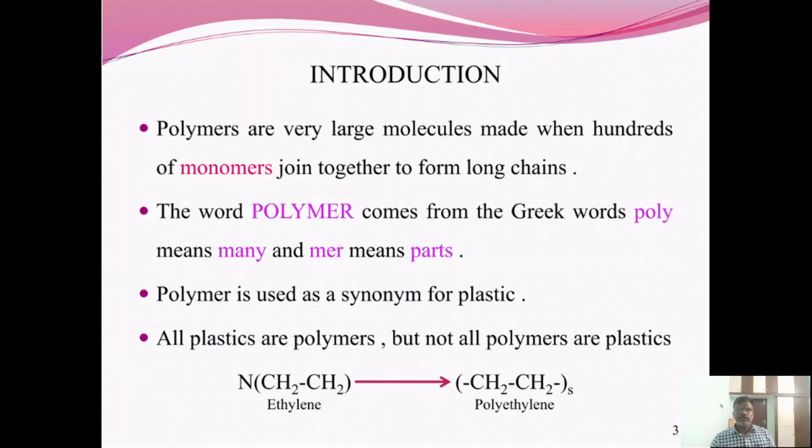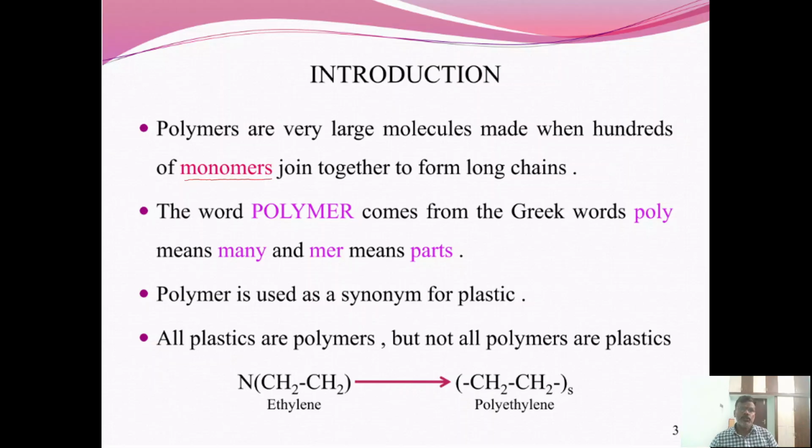and some introductions about the polymer. Polymers are very large molecules made when hundreds of monomers join together to form long chains. Okay, so before we go into polymers, we should understand what monomers are.